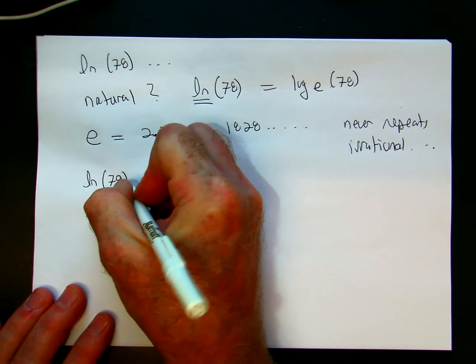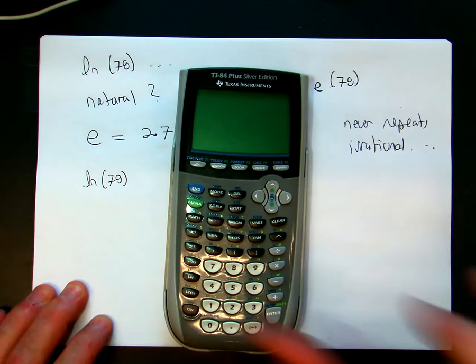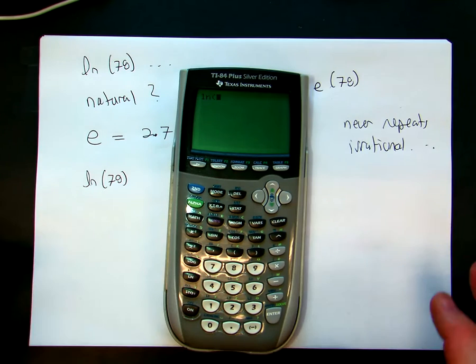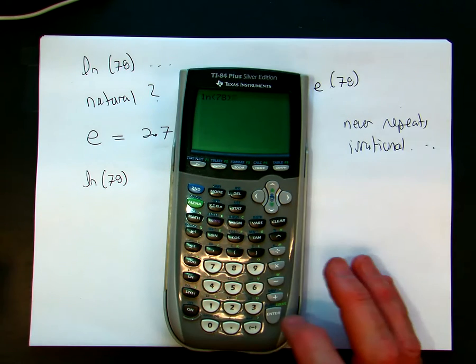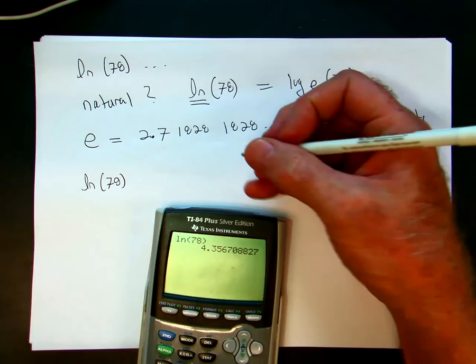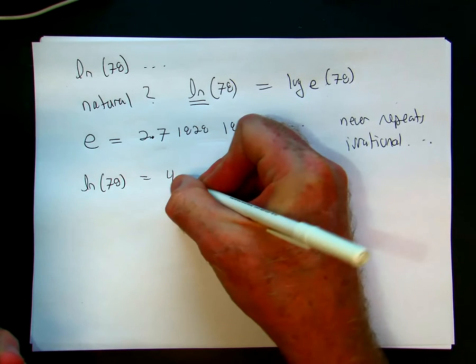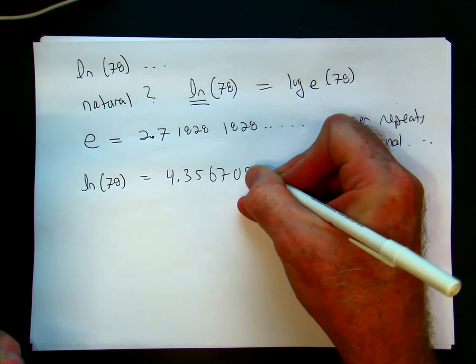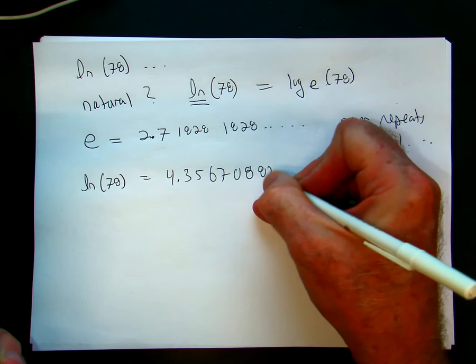Now, I'm not sure how this is going to show up on camera, but here's my TI. And hit the log button, hit 78, and I get this long string of numbers. So I'll even write them down for you. 4.356708827. Okay.